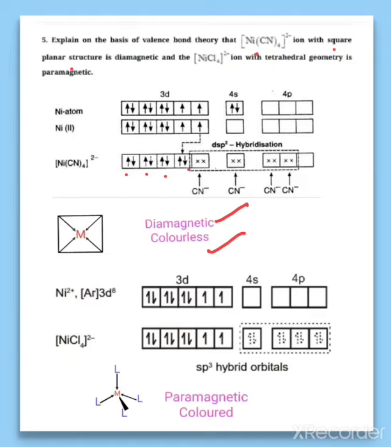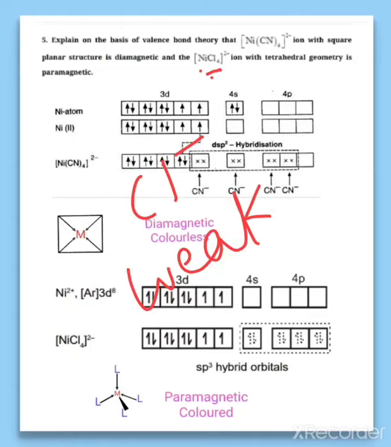So on the basis of hybridization we have explained that it is diamagnetic and colorless and its geometry is square planar. But in the other example, the central metal ion is the same but the ligand is different. Here the ligand is Cl negative, which is a weak field ligand. So it does not make the electrons pair.